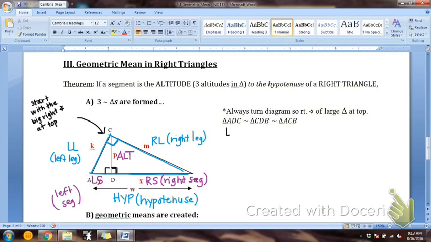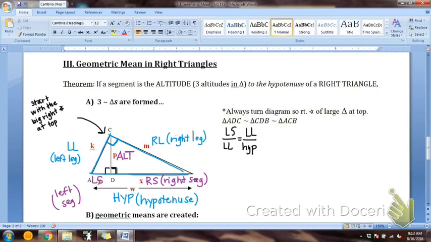So the first proportion is going to say left seg over left leg equals left leg over hypotenuse. In this proportion, which segment is the geometric mean? What would you say?